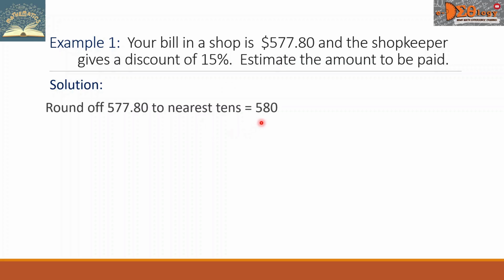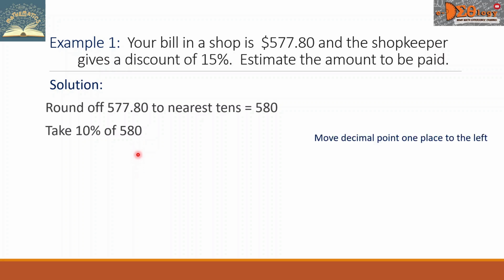Then we have 580. Let us now take 10% of 580. We're going to move the decimal point one place to the left. In this 580, the decimal point is after 0. Moving the decimal point one place to the left, we will get 58. This is the 10% of 580.